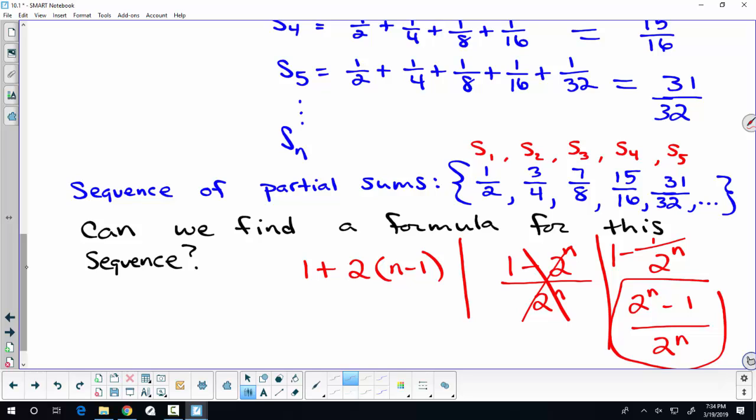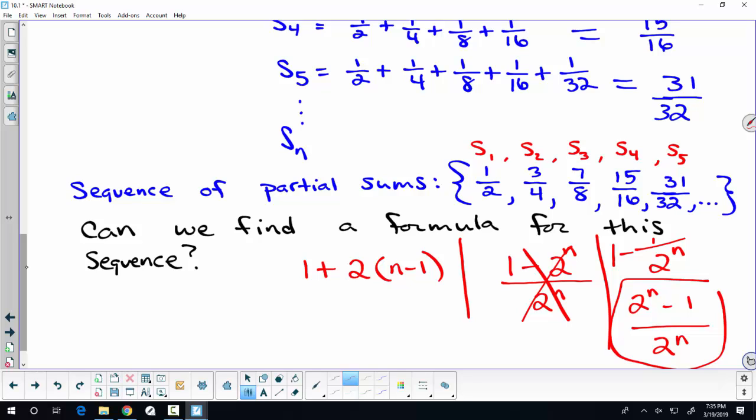Now, thinking about it in terms of how do I want to represent it? If we're thinking about the series 1/2 plus a fourth plus an eighth, and then we're looking at the partial sums, if we're trying to determine whether that converges, what are we going to do with the formula for the nth partial sum?